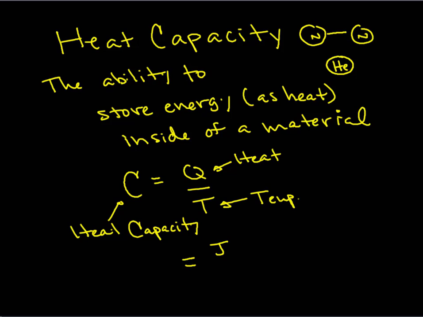And you'll notice that heat will be in joules as our universal energy metric, and temperature is in Kelvin. So heat capacity should be in joules per Kelvin. You can also quickly recognize that the heat capacity times its change in temperature is equal to the heat of the system, just by a simple algebraic rearrangement.